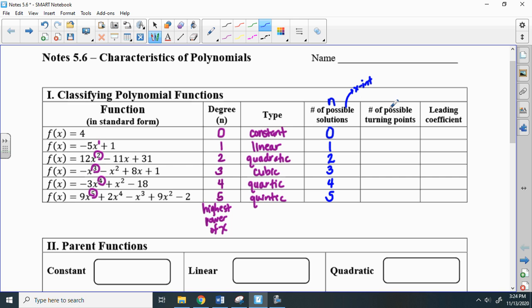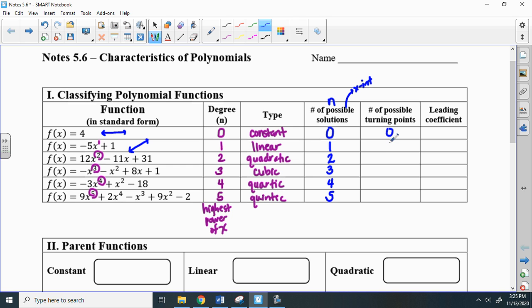For the number of possible turning points, you have to think about what we talked about when we were graphing some of these. So we have this horizontal line. It never turns. This is a linear function.